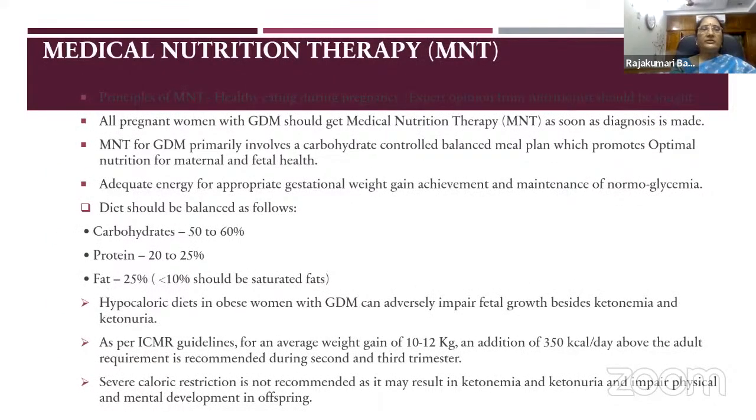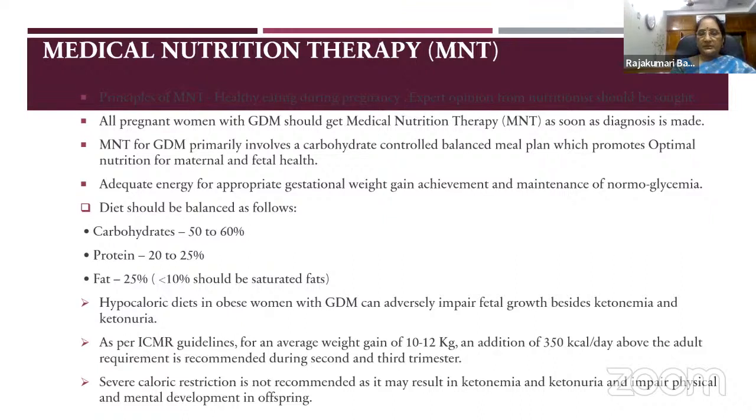What is medical nutrition therapy? The objective, in addition to maintaining a normoglycemic state, is to provide a balanced diet so that adequate nutritional requirements of both mother and fetus are addressed.